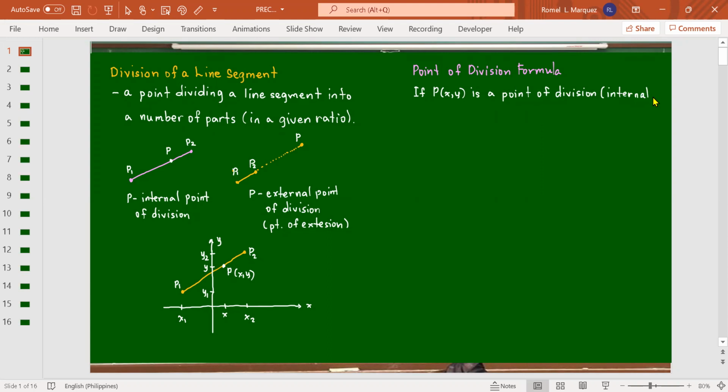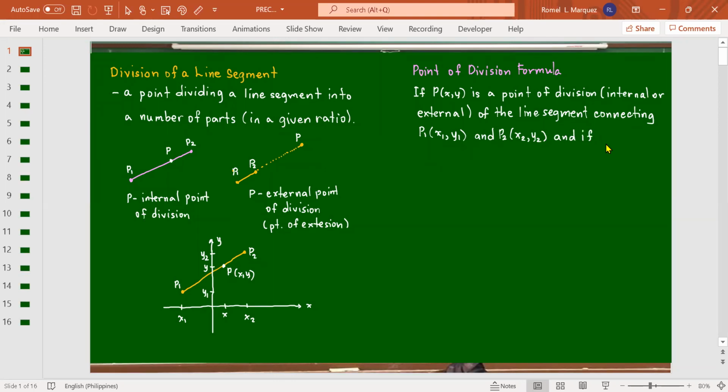Okay? Of the line segment connecting P sub 1 whose coordinates are x sub 1, y sub 1, and P sub 2 whose coordinates are x sub 2, y sub 2.